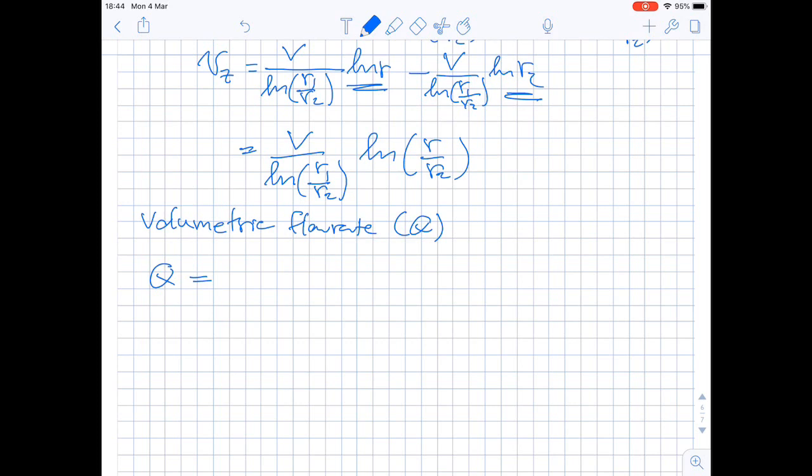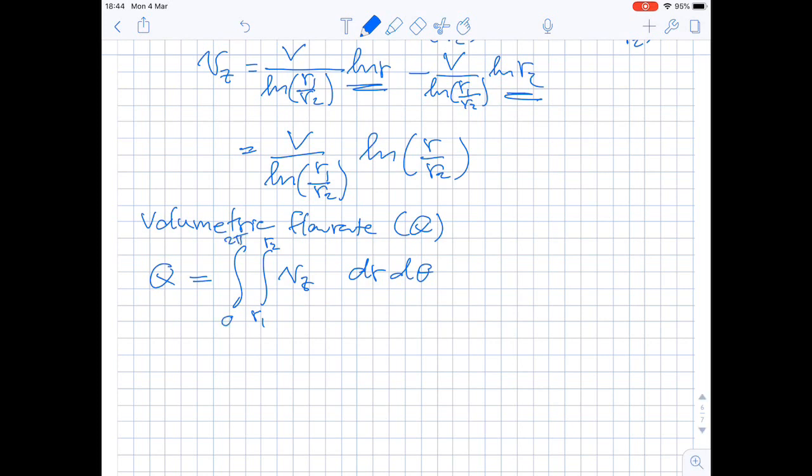Mathematically, it means you take Vz and integrate it twice across the area perpendicular to the direction of Vz. In the direction perpendicular to Vz, supposed to be the direction of r, so you integrate with respect to dr and integrate with respect to theta. So the limits of integration should go from r1 to r2 and then from 0 to 2 pi.